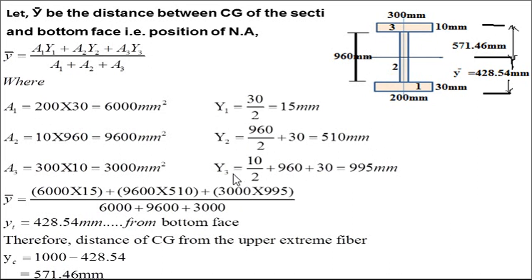Put A1, A2, A3 and Y1, Y2, Y3 in the above equation and find y bar. Then you will get yt, the distance of the bottom fiber. Whatever distance you get will be from the bottom, and from the top it should be 1000 minus this bottom distance, 428.54. So we will get yt and yc.